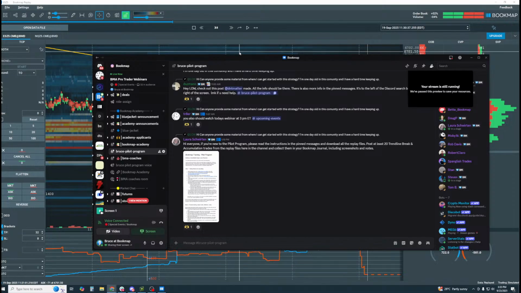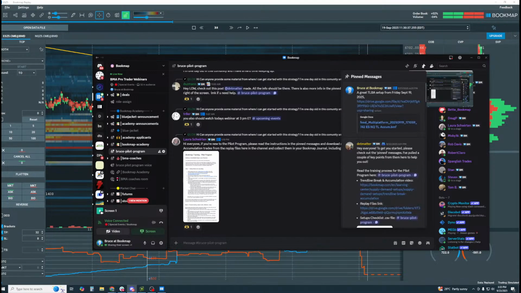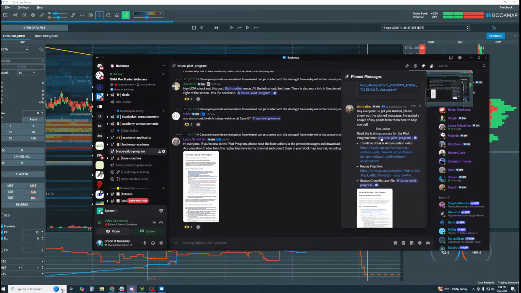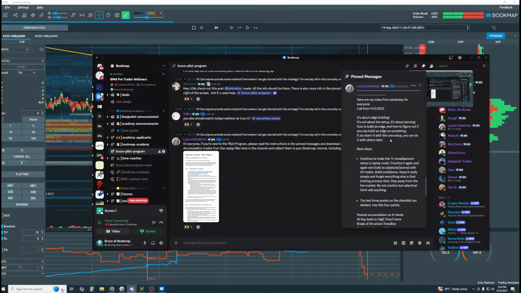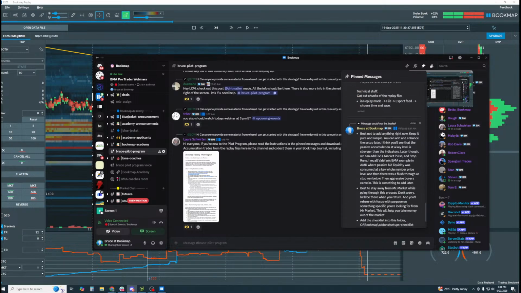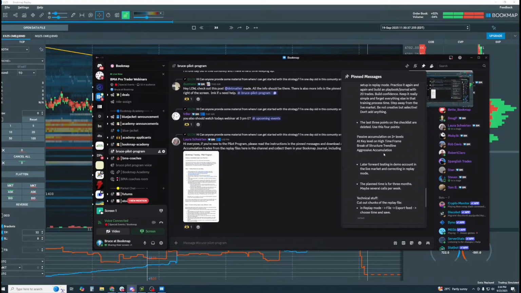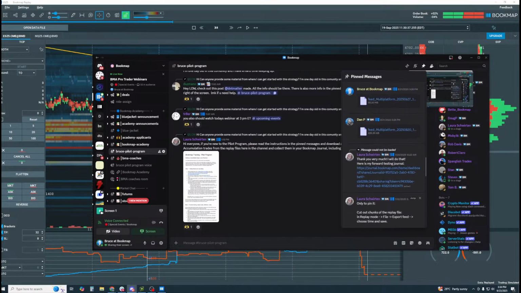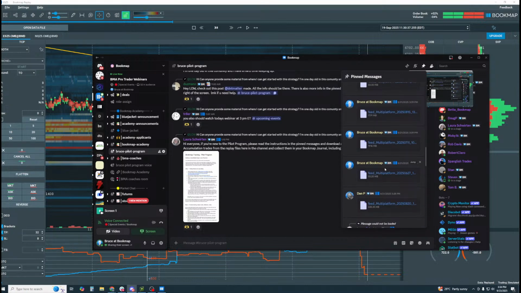Now you'll come in here and go to the pinned messages up here. Click on that and go through the messages. Scroll all the way down to the bottom. You'll see the original one here. This is a document, and then some messages, and then it starts to get into the documentation.